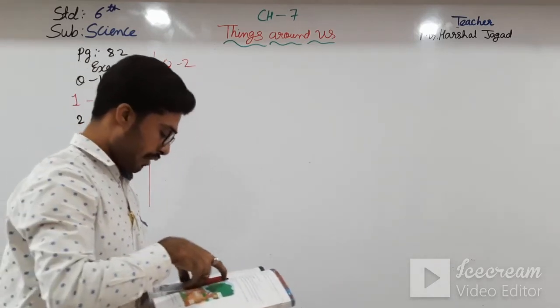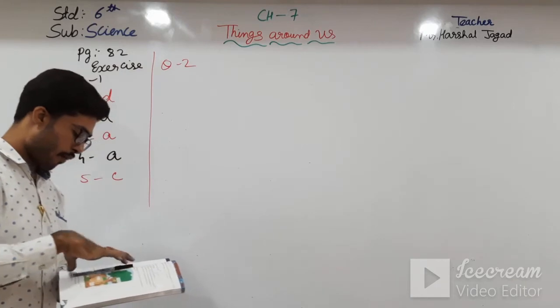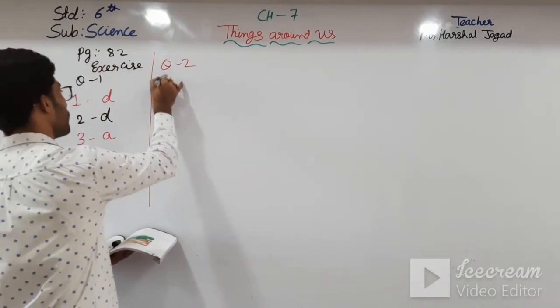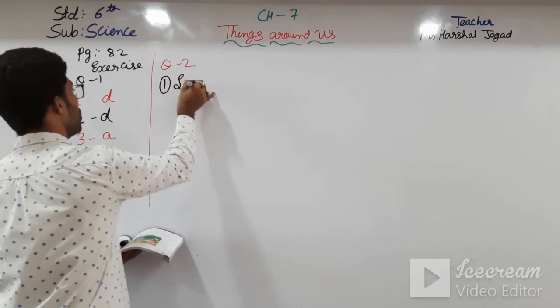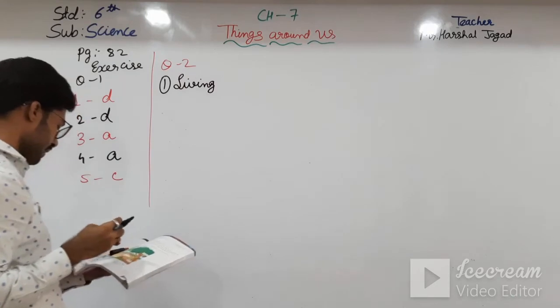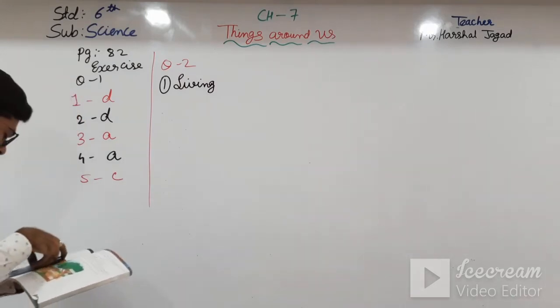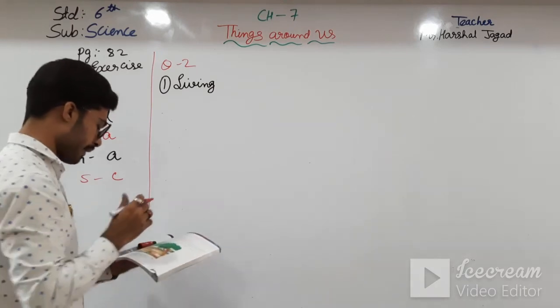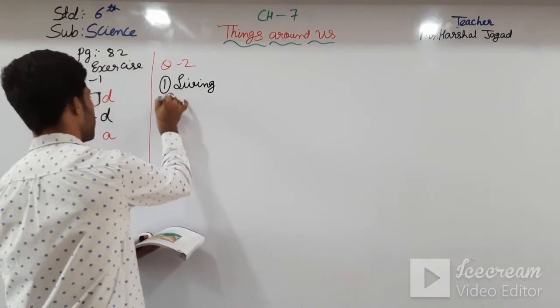First one, all dash things have bodies made up of cells, living things. The first one is living things. Then a tissue is made up of a similar dash that performs a particular function. That is second one, that is cells.